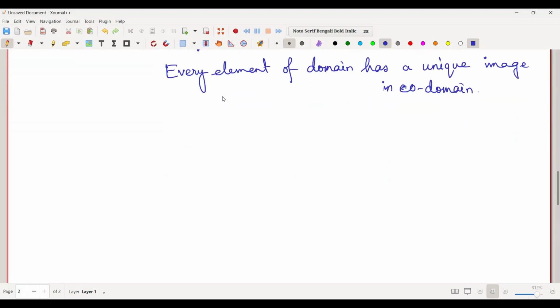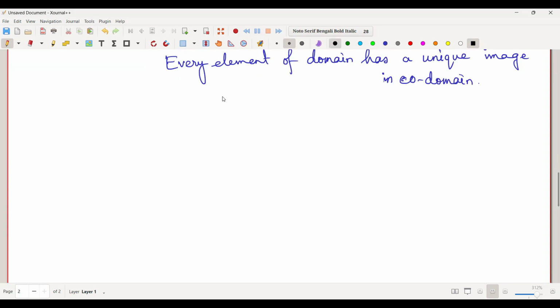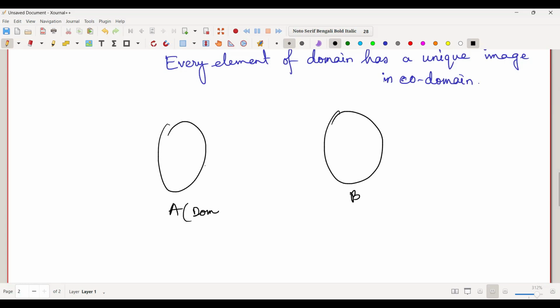That means pictorially it looks like this. Suppose this is set A, the domain, and this is set B, the codomain. Here there are elements like this, and here also there are elements like this.